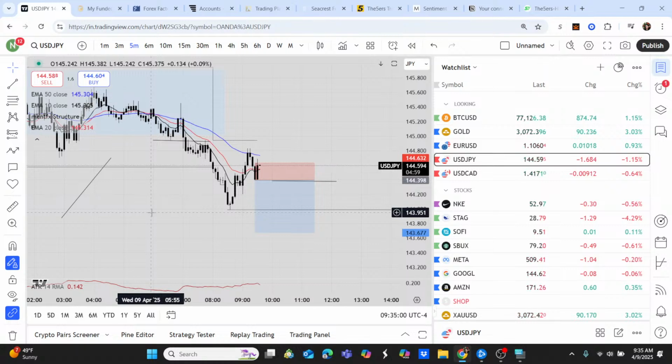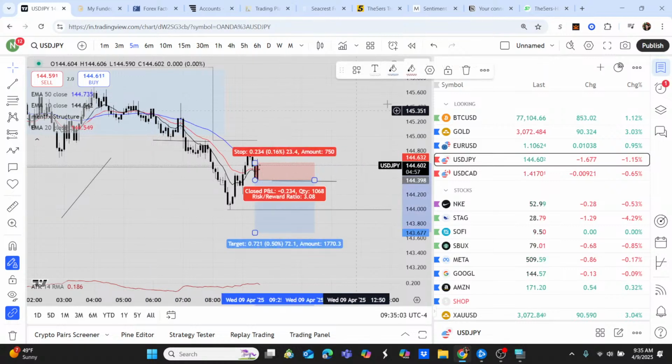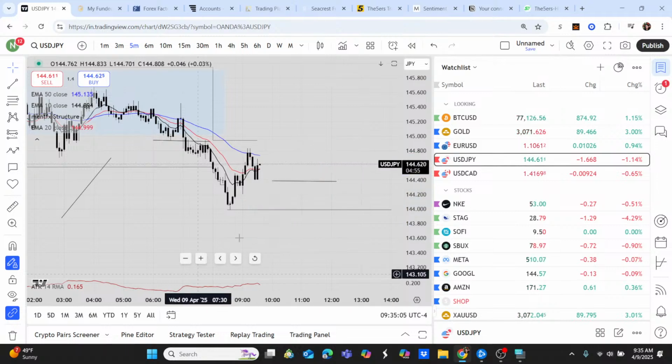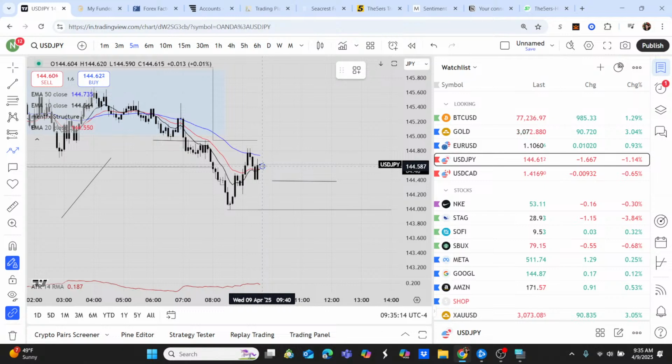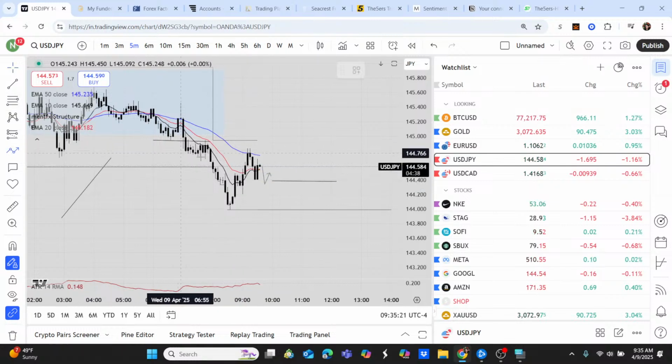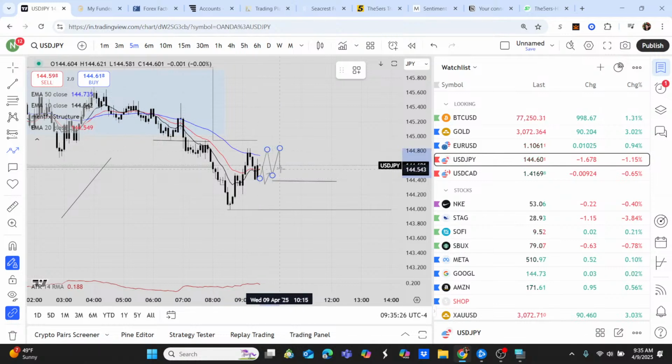Alright, so I'm not interested in this area right here. What I would want for price to do is basically, if we can come down even more, then reject off either the 10 or 20, then I'll take the entry. If price starts to consolidate, then I'm not interested.